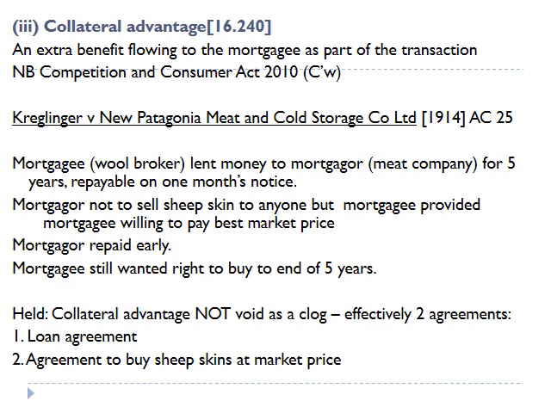The principal case on collateral advantage is Kreglinger and New Patagonia Meat and Storage Co. Limited. In this case, a loan agreement for 5 years provided from the date of the mortgage that the mortgagor could not sell sheepskins to any person other than the lenders, so long as the lenders were willing to buy at the best price offered by any other person.